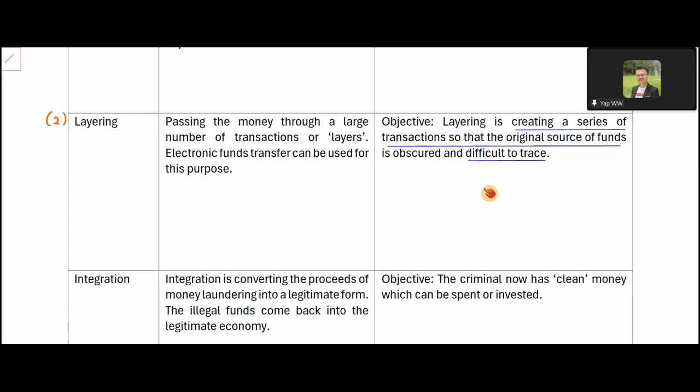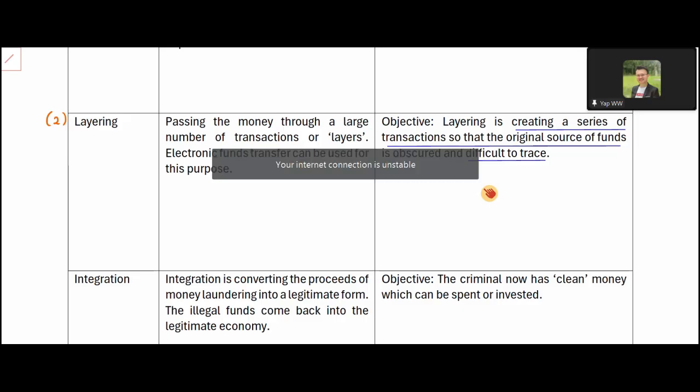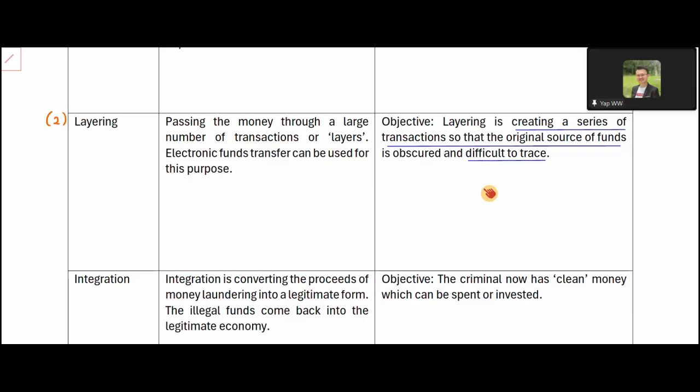Then the money goes out to the overseas country. Repeat the few steps to transfer the money here and there to make the transactions very complex. Then eventually you will find it very difficult to trace where the original money actually came from. So that will be a successful layering process.